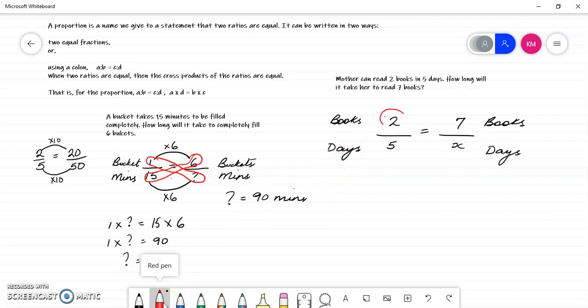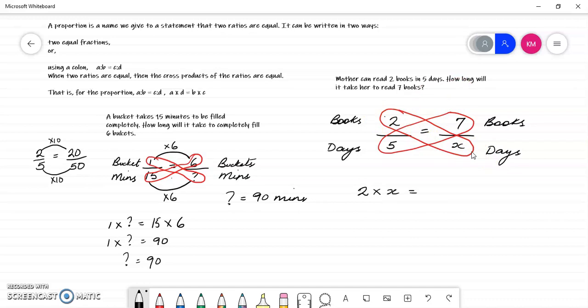So I'm going to select this 2 and this X, and I'm going to select 7 and 5. So we'll write our working underneath, and we're going to write 2 multiplied by X there, and on the other side I'm going to write 5 multiplied by 7. So I get 2 multiplied by X is 2X, and 5 sevens are 35.